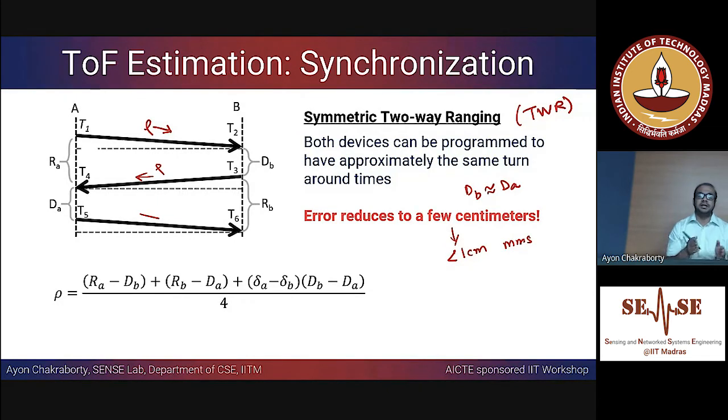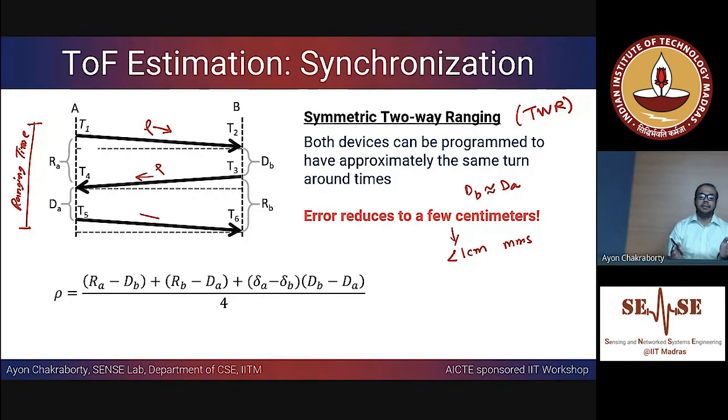Suppose you are extremely sensitive to this range value, right, and you have enough time so that you don't have to hurry, right? Because the more the number of these exchanges, the more is the total time that is required for ranging. This is the ranging time. So if you have many such packet exchanges, your throughput is going to come down, because A and B are taking so much time, C and D are waiting, right?